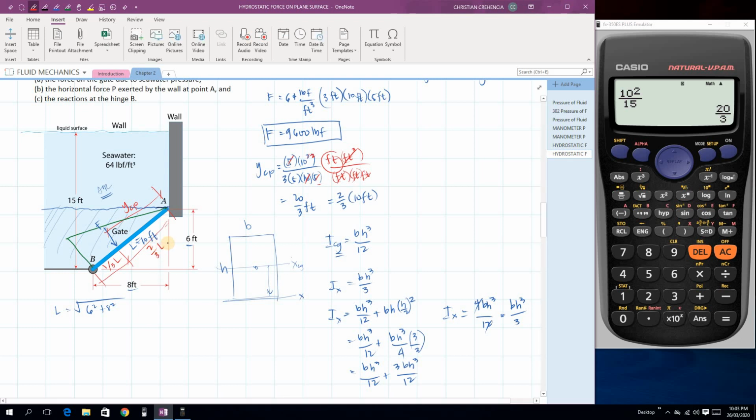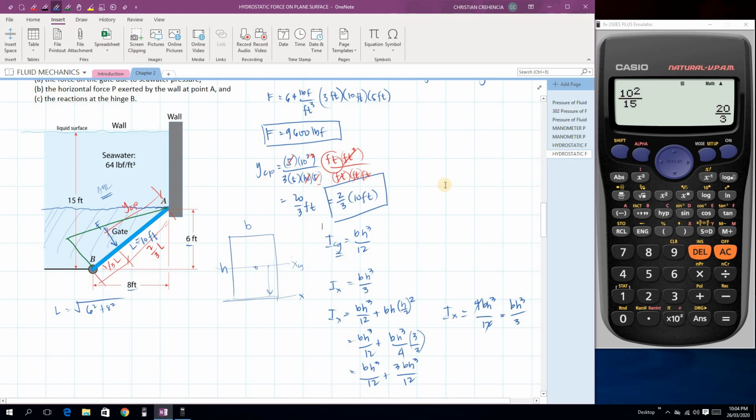So that's 2/3 ng length natin na 10 meters, 10 feet. Meters ako ng meters. Okay? So yan, no? So yung example natin, if yung liquid surface natin is nasa ibabaw nung gate. Okay?